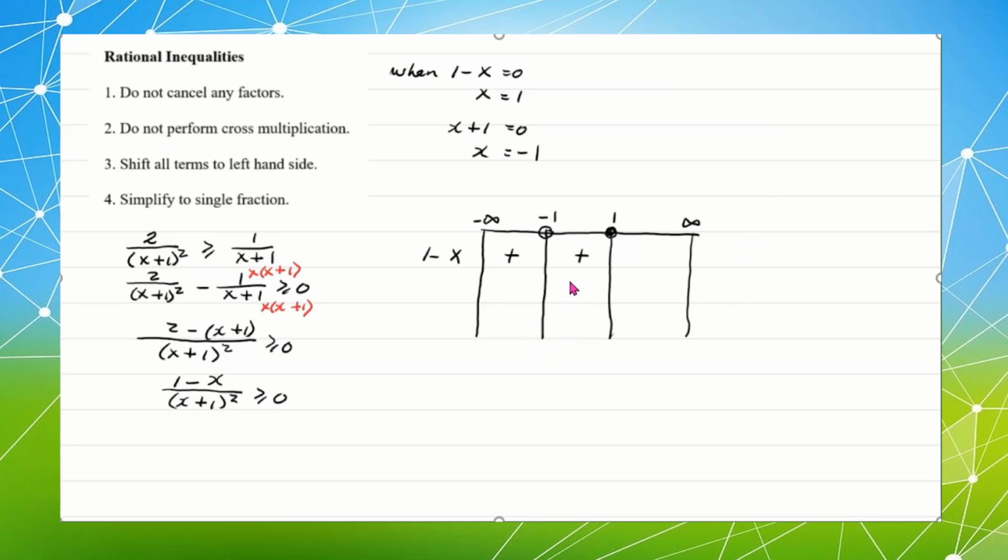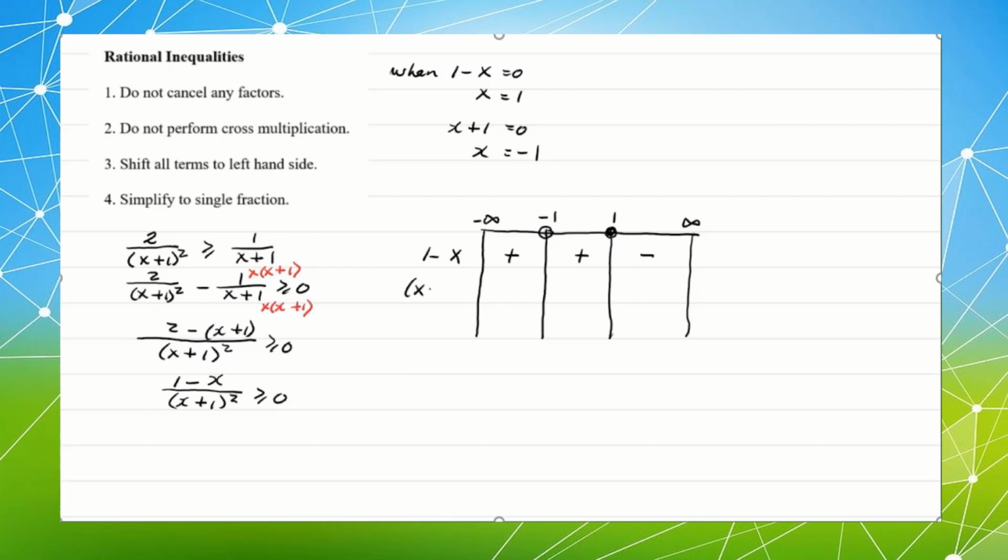For the interval 1 up to +∞, let's choose x equals 2. When x equals 2, 1 minus x is equal to -2, so it is a negative value. So we put a negative sign here.